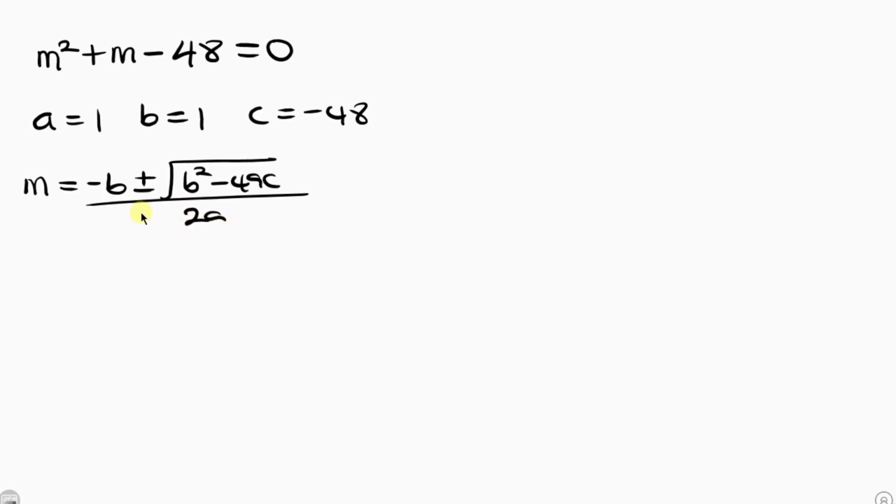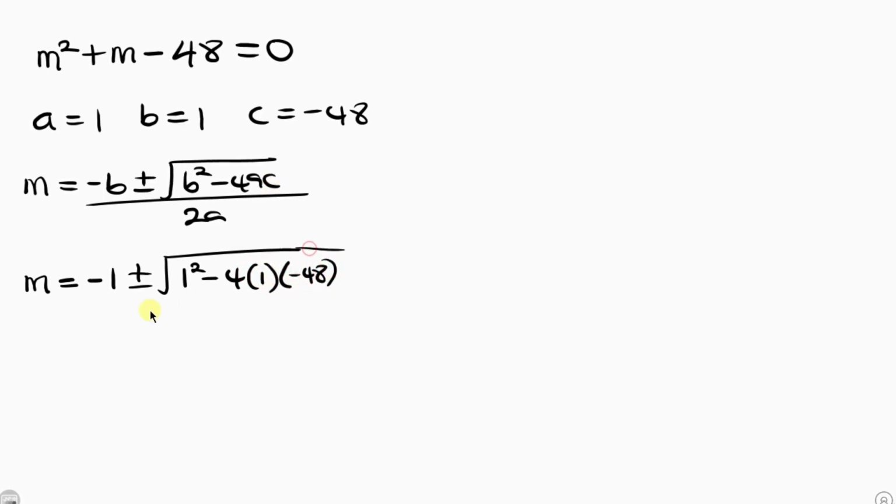Now let's go ahead and substitute. So we have m to be equal to negative b. That's negative b is 1 plus or minus the square root of b squared, that's 1 squared, minus 4 times a is 1 times c is negative 48. All over 2 times a, that's 2 times 1.